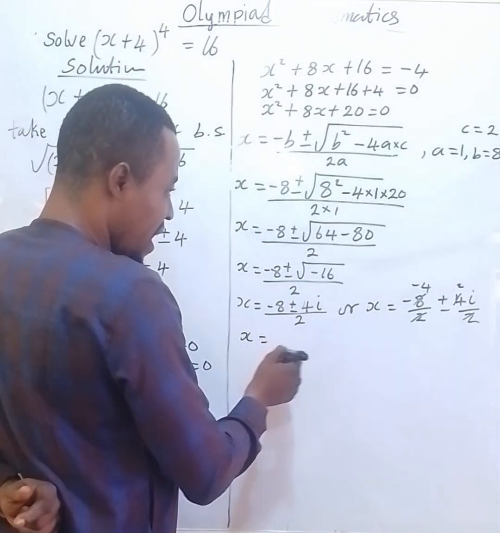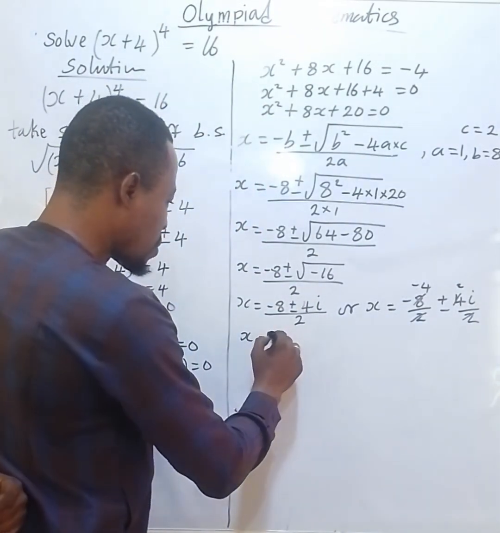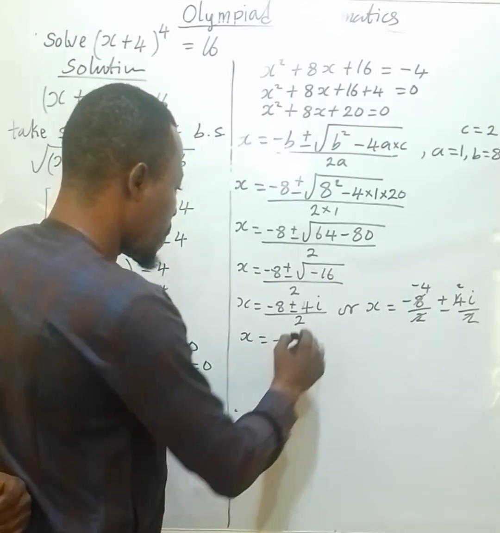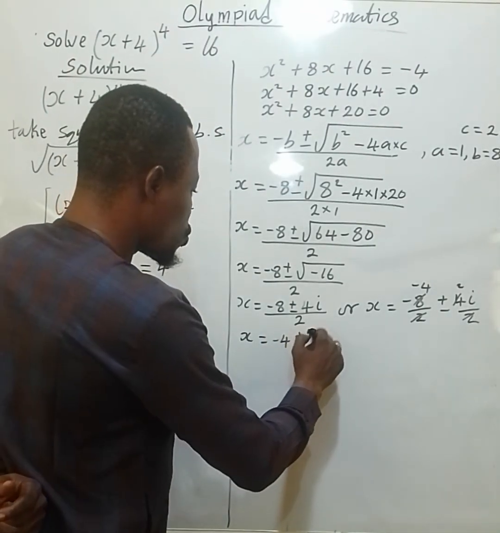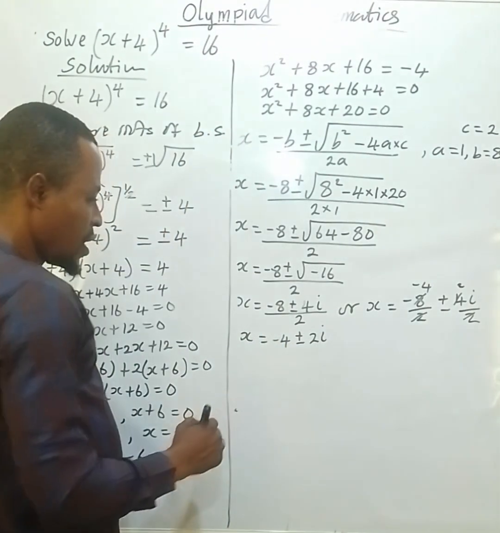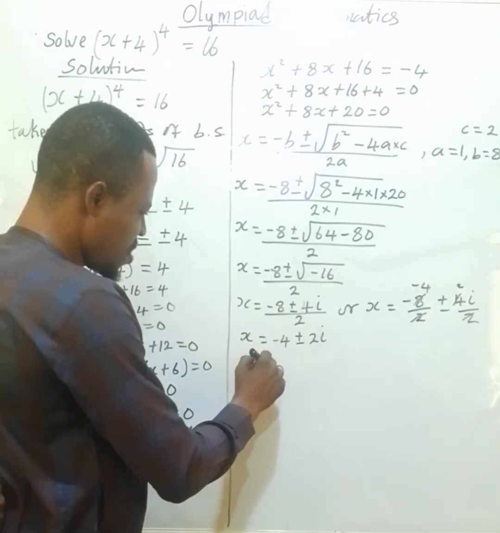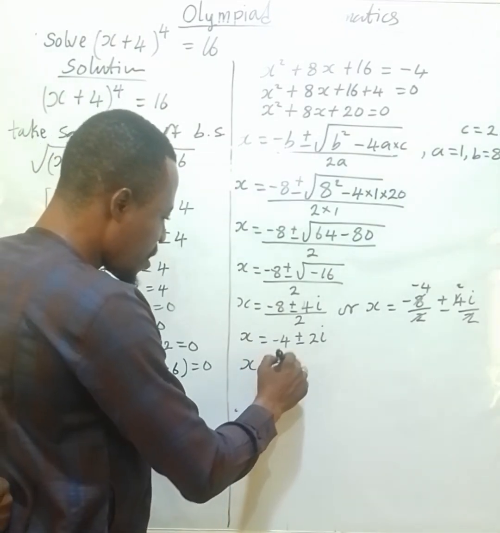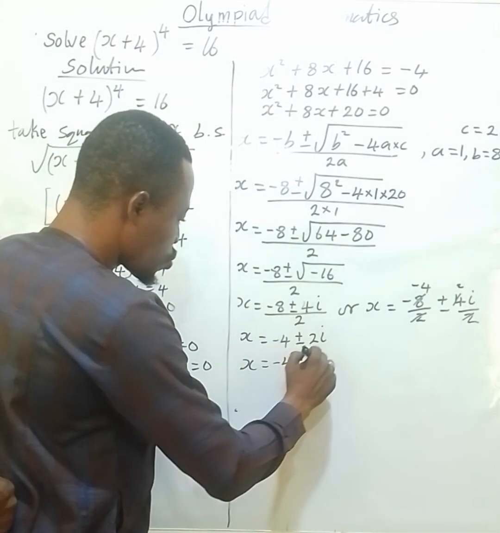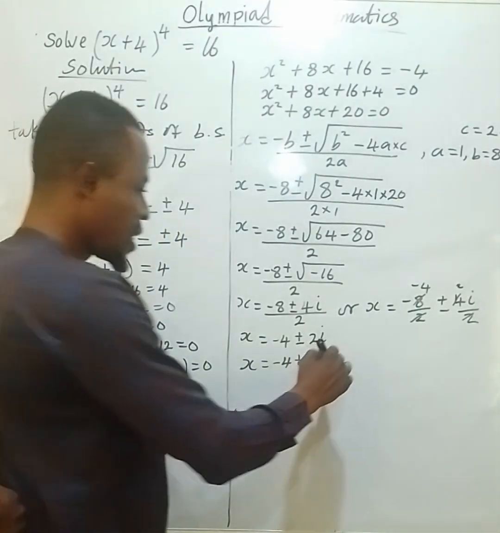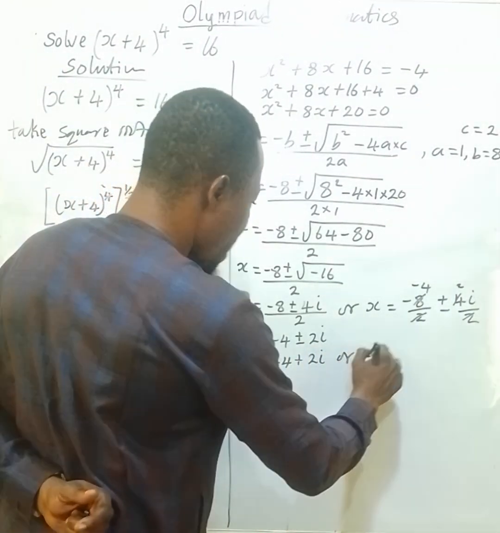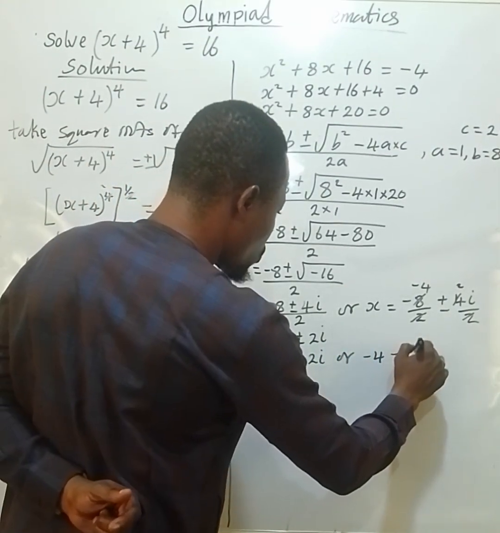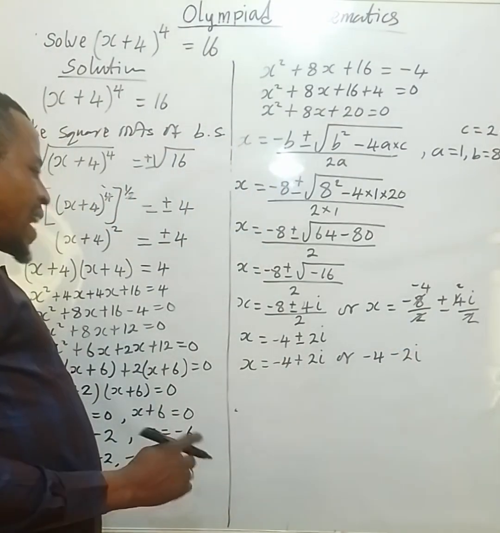Now our x equals minus 4 plus or minus 2i. From there, x equals minus 4 plus 2i, that's the first one, or minus 4 minus 2i. So those are the answers.